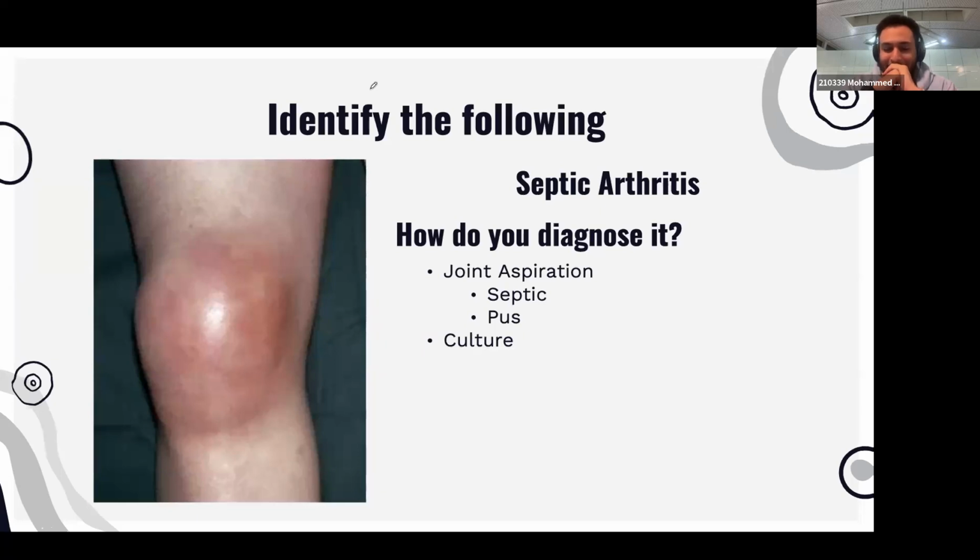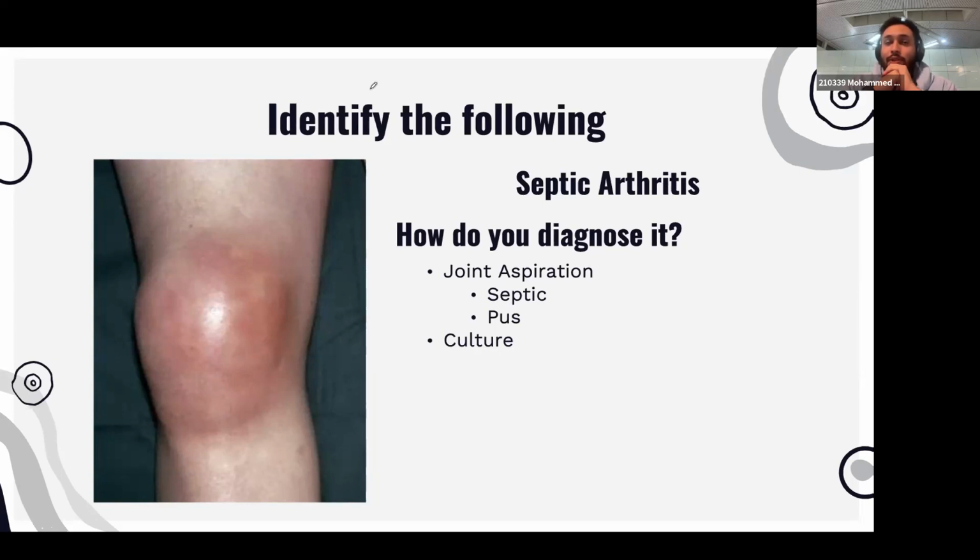Staph aureus, okay? The most common organism causing it in sickle cell patients is Staph aureus. Salmonella is the second. This is for septic arthritis. For osteomyelitis, relax, the opposite, okay? Salmonella is number 1, Staph aureus is number 2, okay?